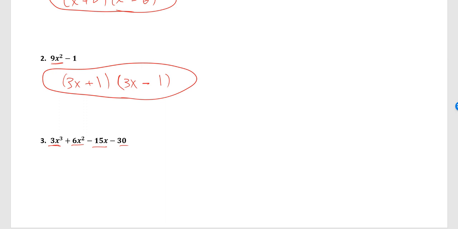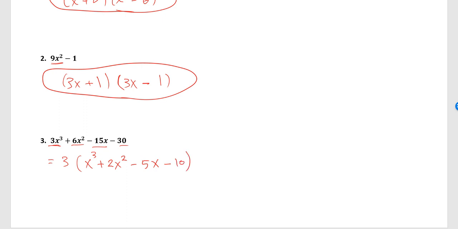But first we can take out the greatest common factor, which in this case is 3, right? 6 is divisible by 3, 15 is divisible by 3, 30 is divisible by 3. So we have 3 times x cubed plus 2x squared minus 5x minus 10.